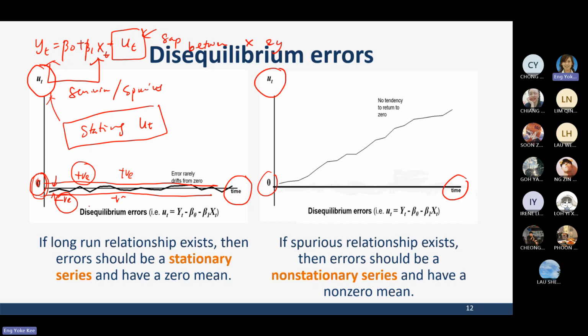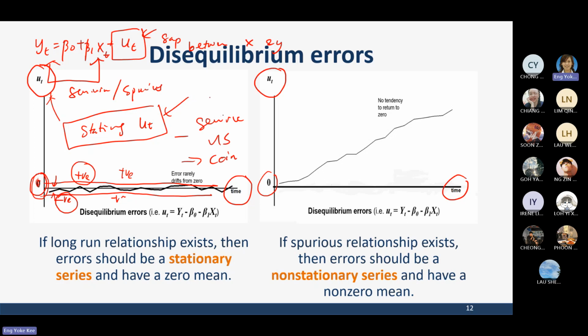So if you see that the gap between two variables behaves in a stationary way, you can probably say that X and Y have a genuine relationship. They are co-integrated.